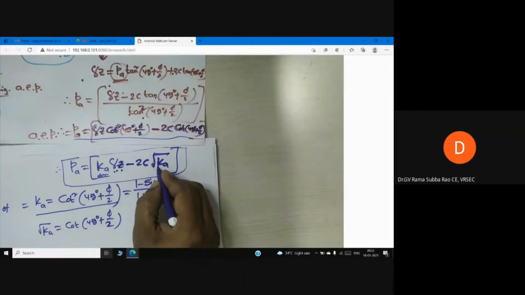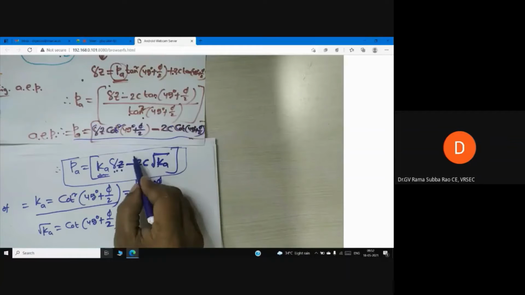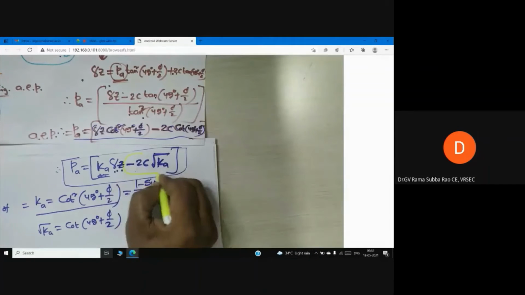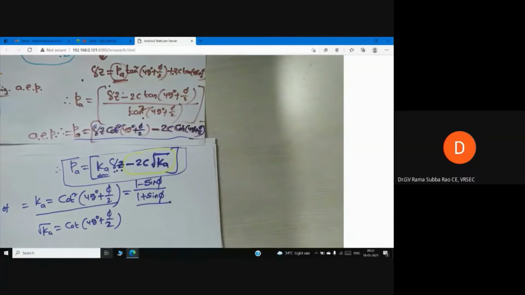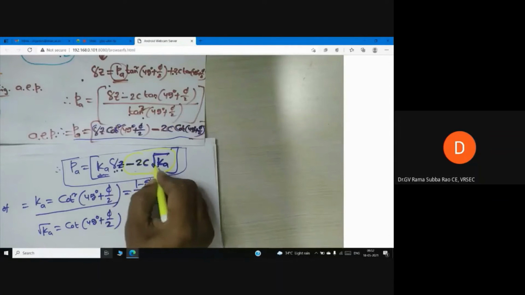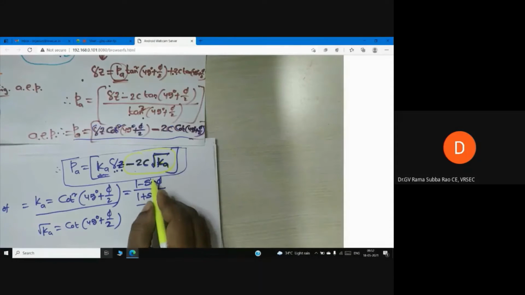So there is nothing to surprise. So now I have an equation, Ka gamma z minus 2c root Ka. What is new here is minus 2c root Ka. So this minus 2c root Ka is additionally what we are seeing now.